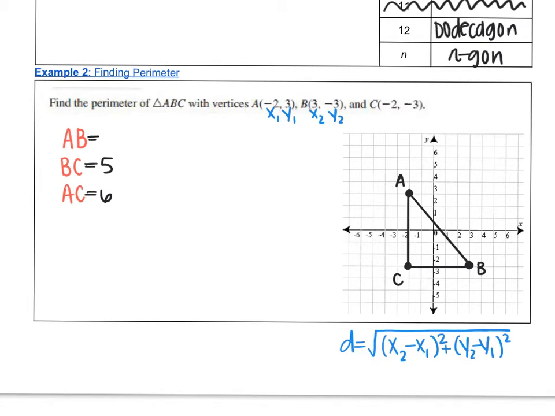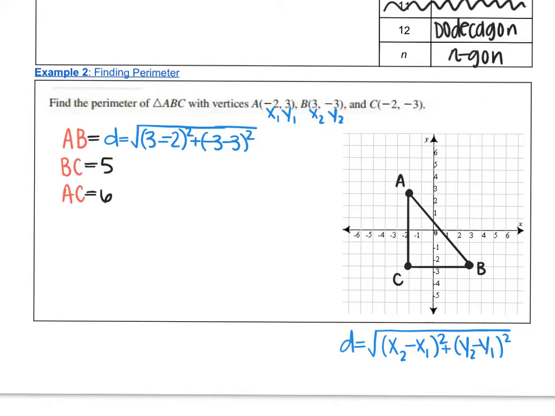Remember, this is going to give me the distance of AB. So I'm going to do this up here. D equals the square root, and I'll plug in my x2 is 3, x1 is minus negative 2 squared, plus y2 is negative 3 minus 3 squared.